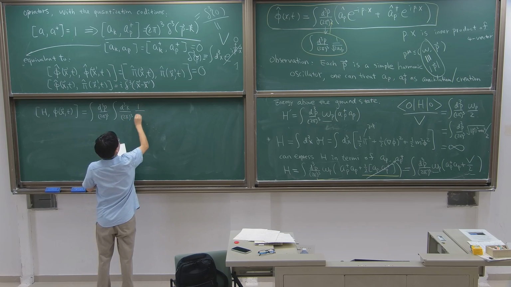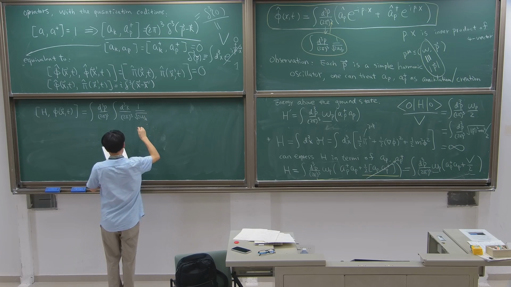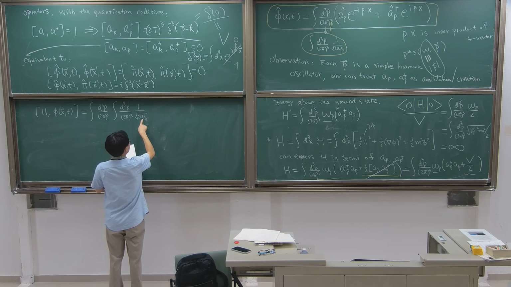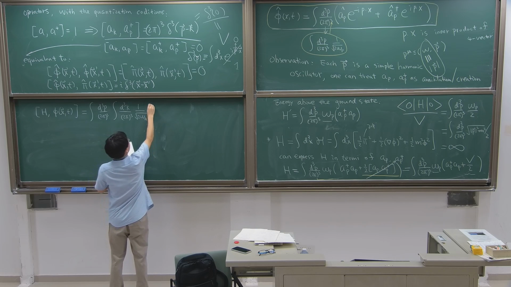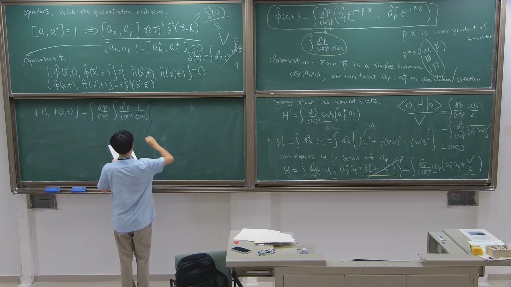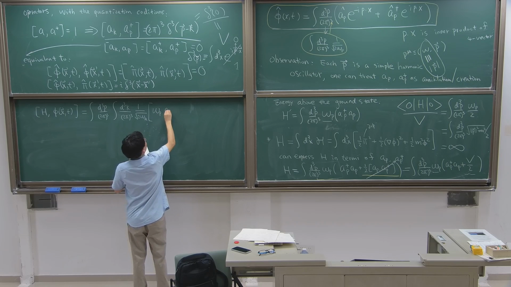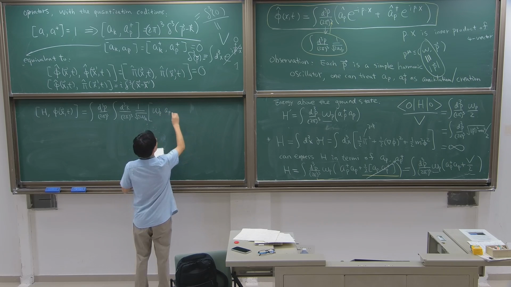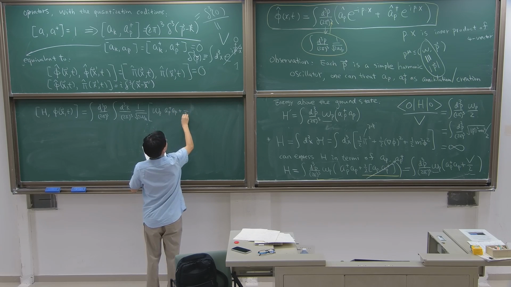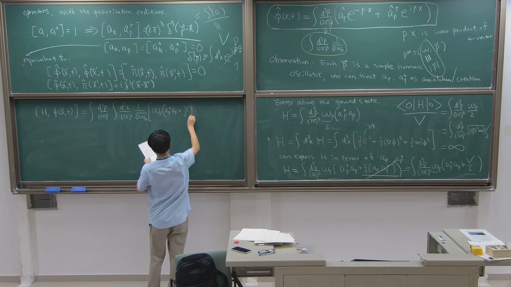So this becomes a double integral. This is omega k, meaning the omega associated with k. Now, H is omega p, by definition, times A_p dagger A_p, plus some constant piece proportional to the volume.